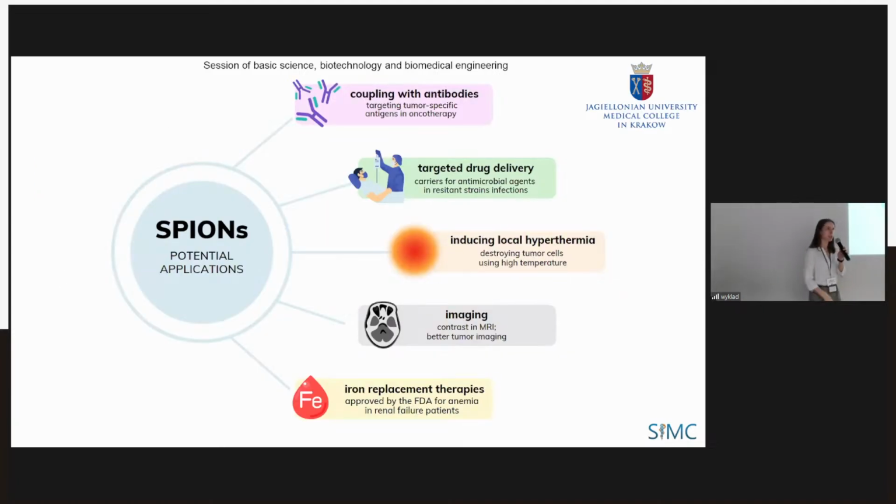Potential applications of SPIONs are quite interesting because of their magnetic properties. They can be used as MRI contrast or for inducing hyperthermia locally after being injected intravenously into the human body and then applying an alternating magnetic field.